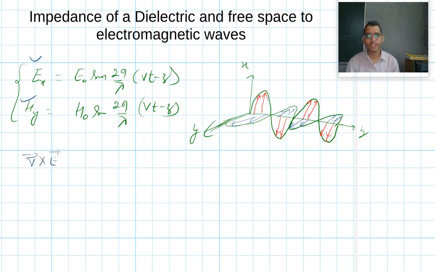recall that del cross E is equal to minus curly B over curly t, or it can be written as minus mu curly H over curly t.